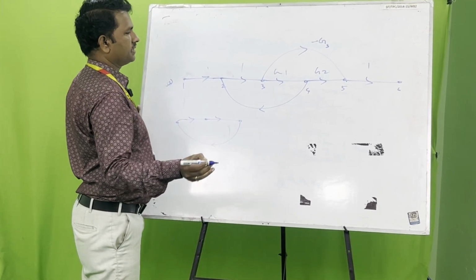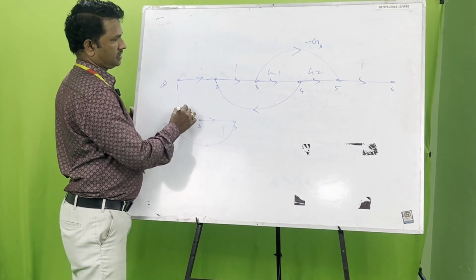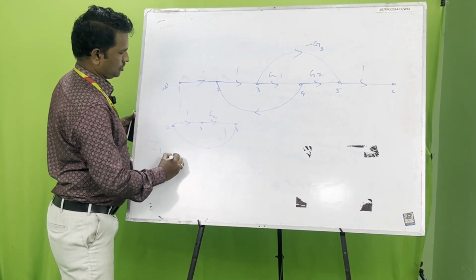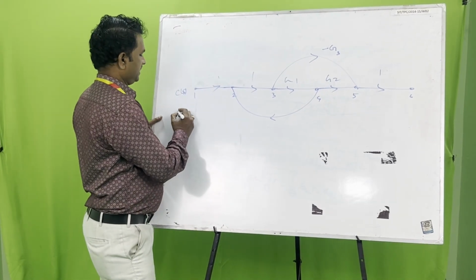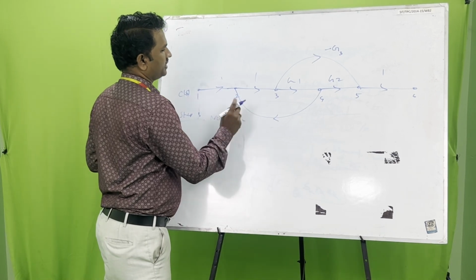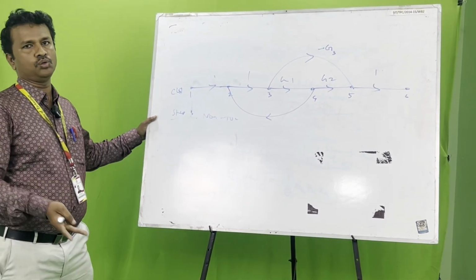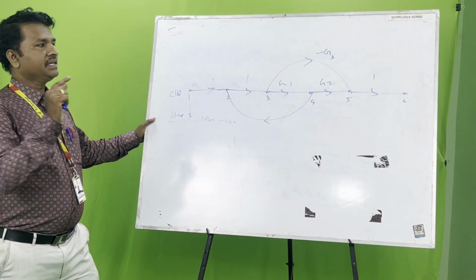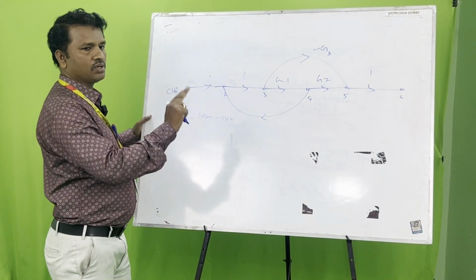It goes from 2, 3, 4 and comes back to 2. The gain is 1 into G1, therefore the individual loop gain is G1. Step 3, the non-touching loop: in this sum there is no non-touching loop, because non-touching loops need two individual loops compared with each other, and here only one individual loop is there.